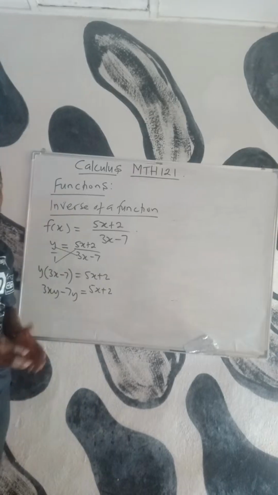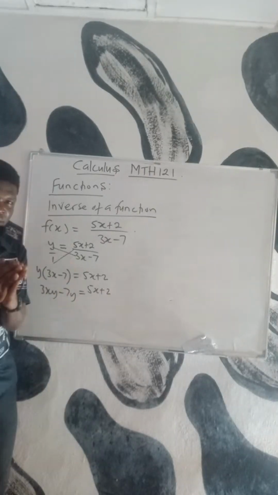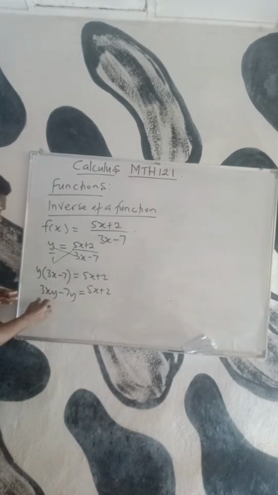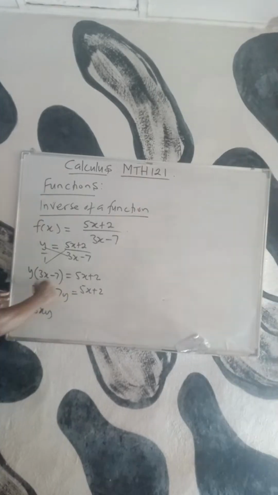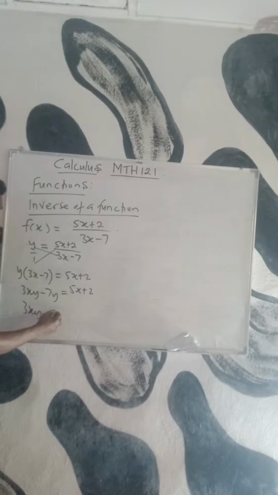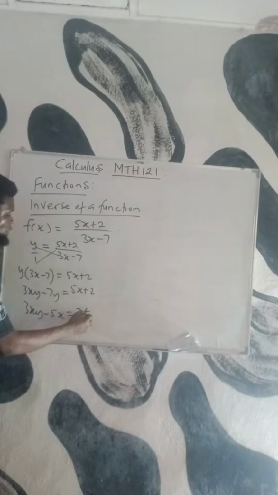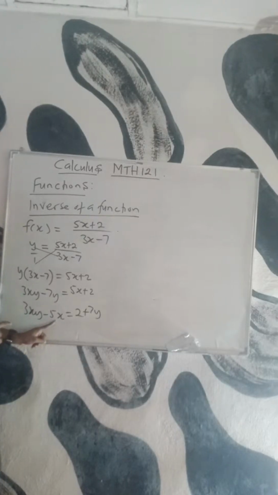So I want the subject to be x. So let's, in other words, bring all the x terms together. So I'll have 3xy plus 5x minus y will cross. From x here in the first term and the second term, that means I need to factor out x.